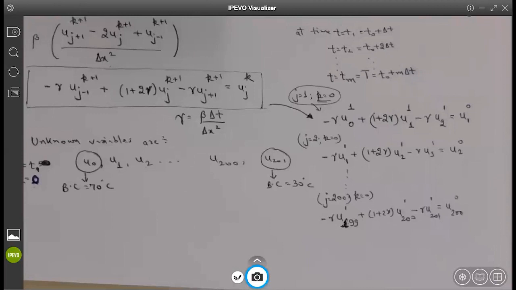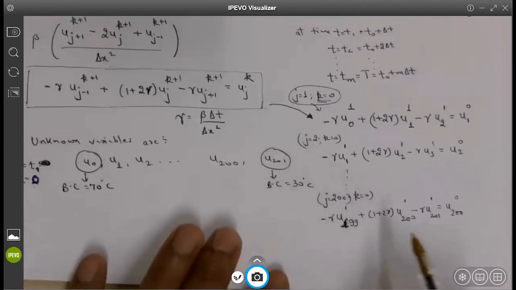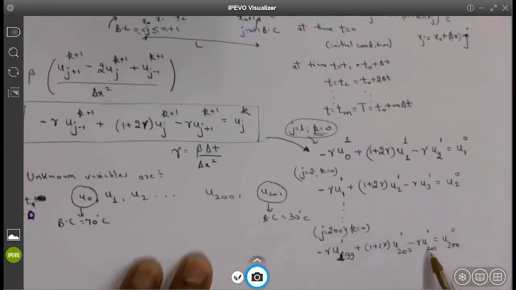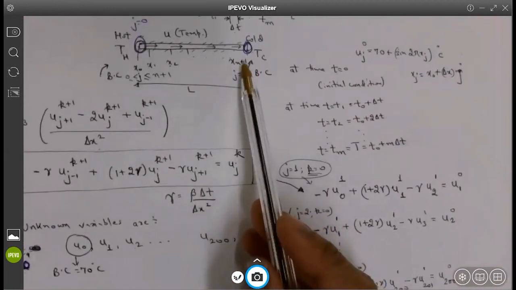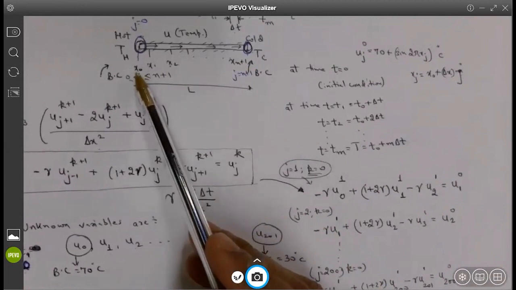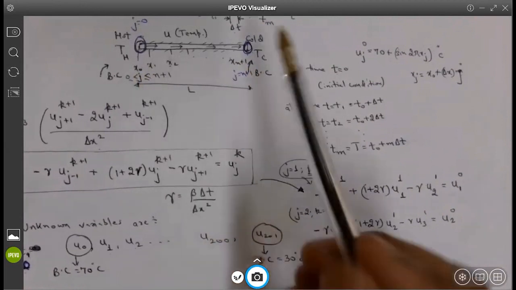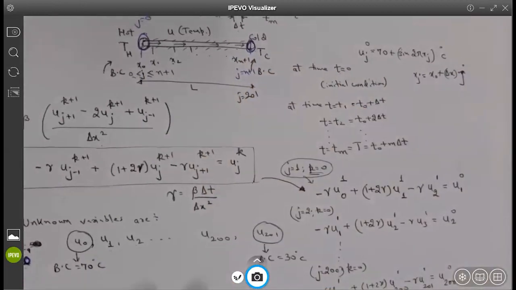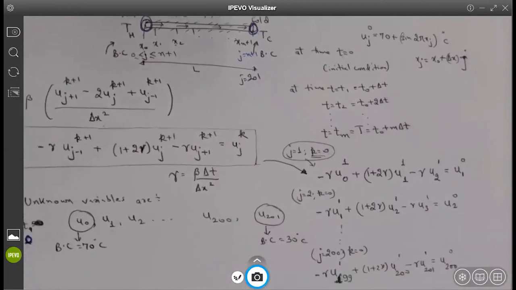Yeah, I will come to that, why I'm not using that. Our values are stopping at 201, right? This starts from 0 and goes up to 201. So j actually goes maximum to 201, right? Yes, it makes sense.